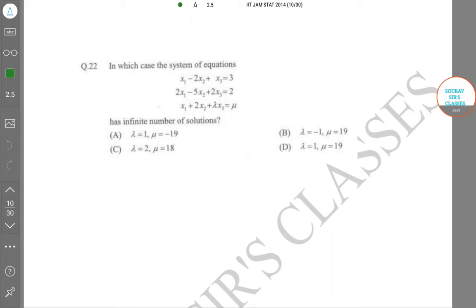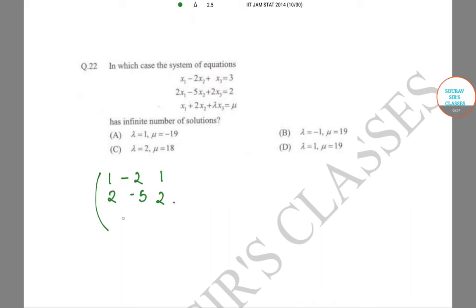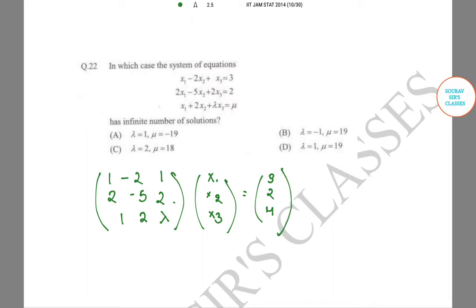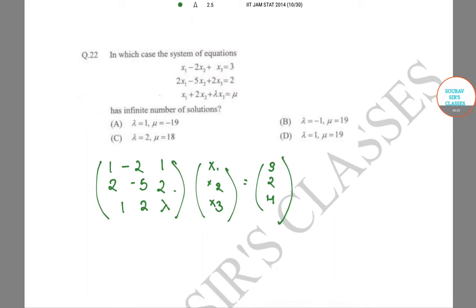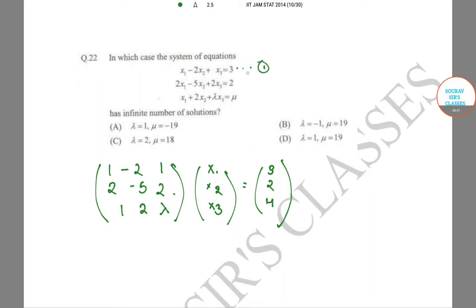So for this, if we take the matrix 1 minus 2 1, 2 minus 5 2, 1 2 lambda, times x1 x2 x3, equal to 3 2 mu. So I'll just name these equations. This is 1, this is 2, this is 3.